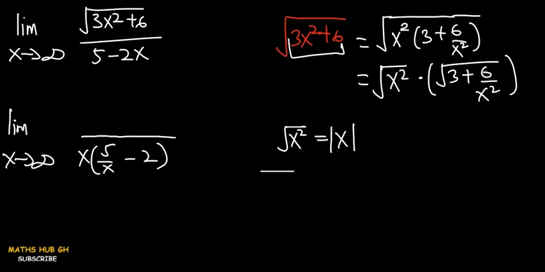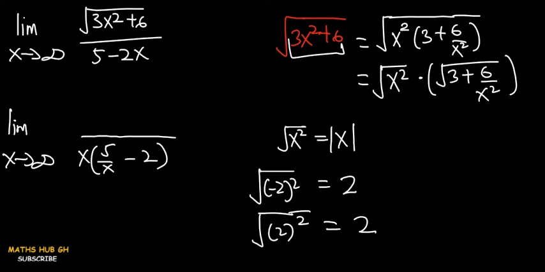For example, the square root of minus 2 squared will give us 2, and the square root of 2 squared will also give us 2. So whether x is a negative value or a positive value, we are going to get a positive value.